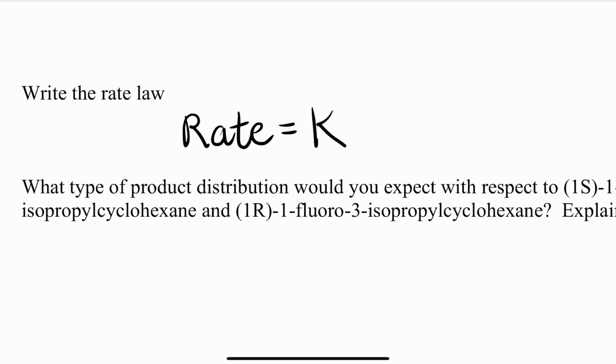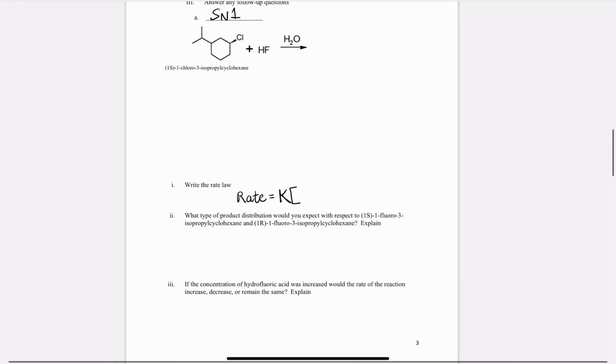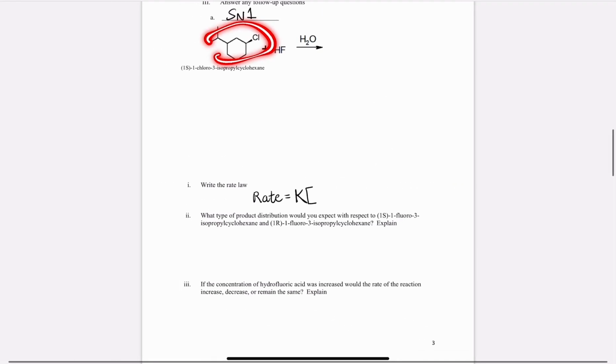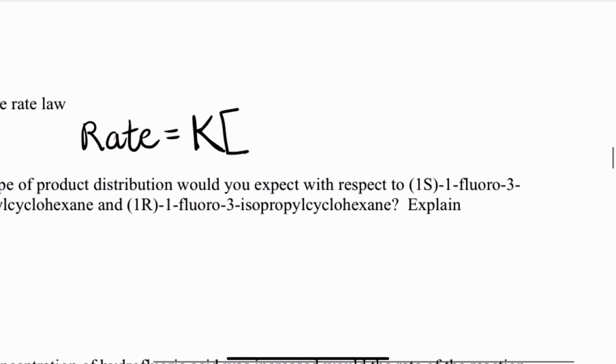Now, they all have the k, because it's a constant. In brackets, what you're going to put is the substrate. So every single reaction, Sn1, E1, Sn2, E2, always has the substrate, the main molecule, in their rate.